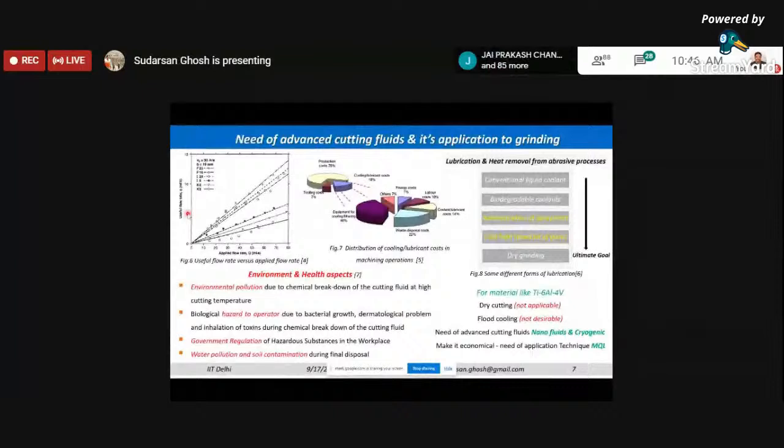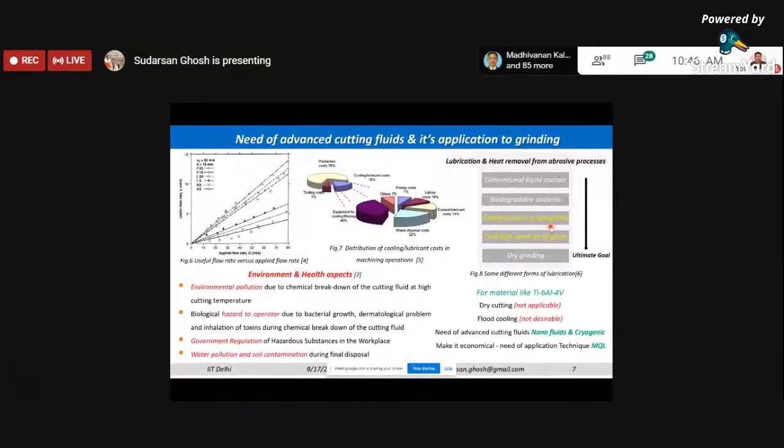From this concept, a new thing has evolved, called the minimum quantity cooling or lubrication phenomenon. There, in spray or mist form, we supply the metalworking fluids.